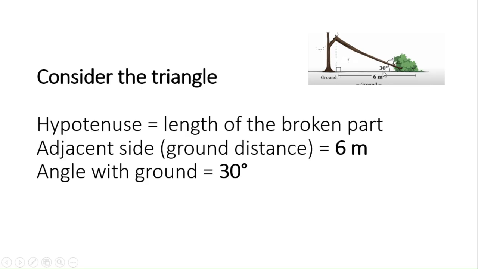Which adjacent side are we talking about? With respect to the angle 30 degrees, which is the angle made by the broken part of the tree with the ground. So it is the adjacent side to 30 degrees, and the angle with the ground is 30 degrees.